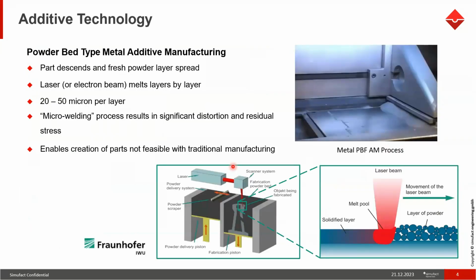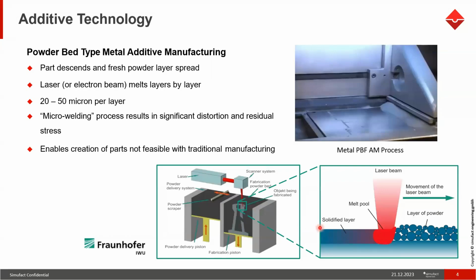Coming to the powder-based method, in our previous slide we already saw how this layer by layer happens. The laser will move in a particular pattern to create these layer by layer profiles on the powder layer.